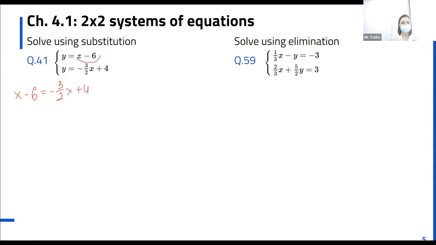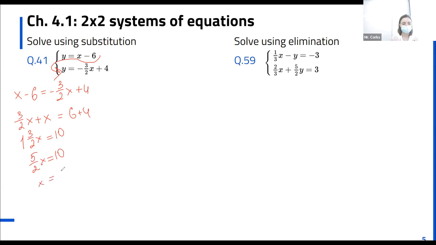So we just use this and put it here. So 3 over 2x plus x equals 6 plus 4. So 5 over 2x equals 10.